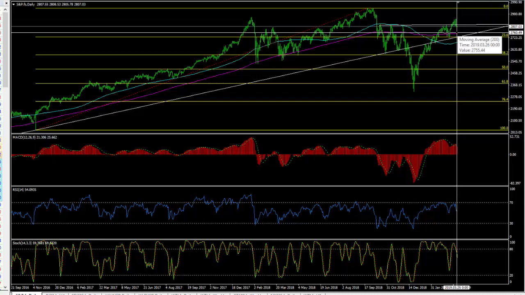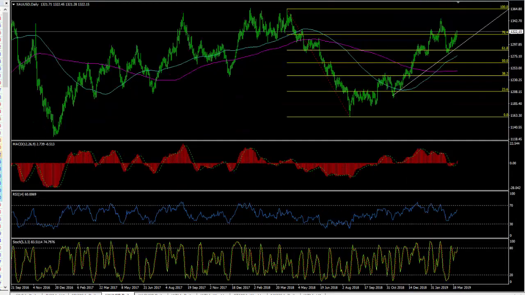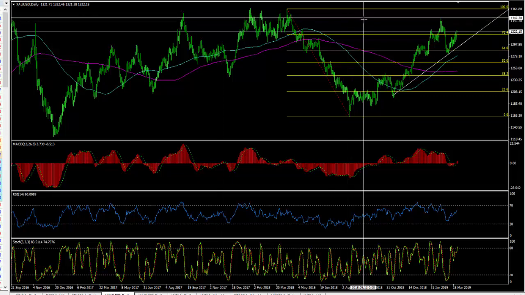Gold seems to be picking up a little bit of positive momentum. I'm not really sure how far that's going to take us, though. A lot depends on the strength or otherwise of the dollar. It's currently at 13.22. We could see a run up here back towards this high.